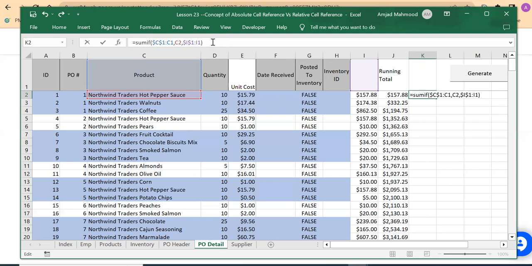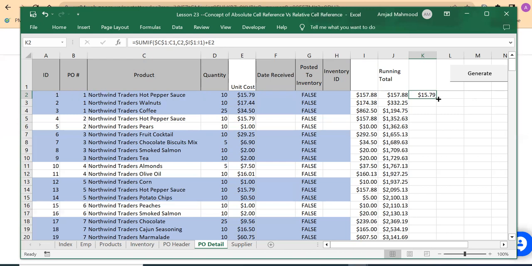Okay, this is a 0. And in this, we are going to add the current unit cost, right? So this is the total as of this stage, purchase order number 1.